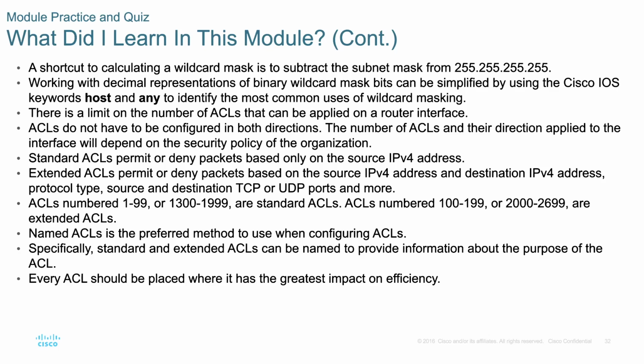So if we don't need to force traffic through a filter, we can place it somewhere else without affecting the overall conditions that we need to meet, and increase efficiency of traffic flow to other areas of the network that would not be impacted by the ACL.